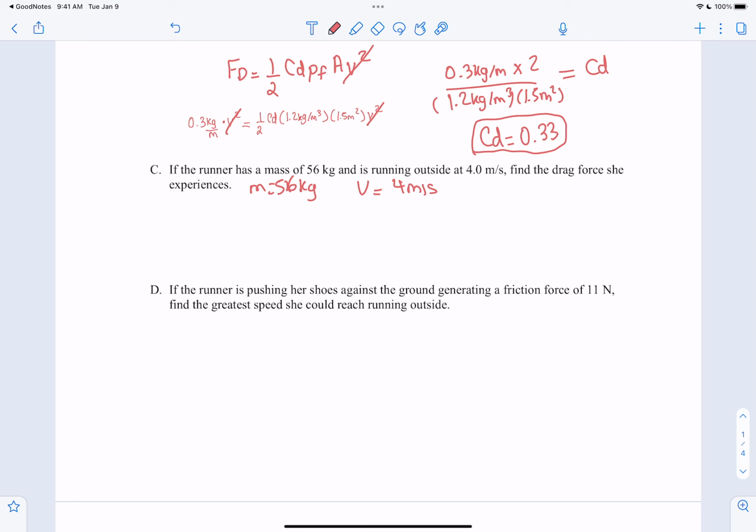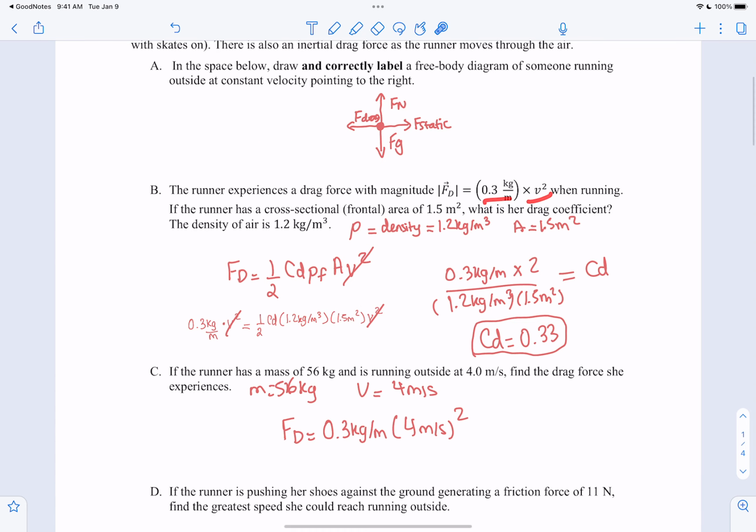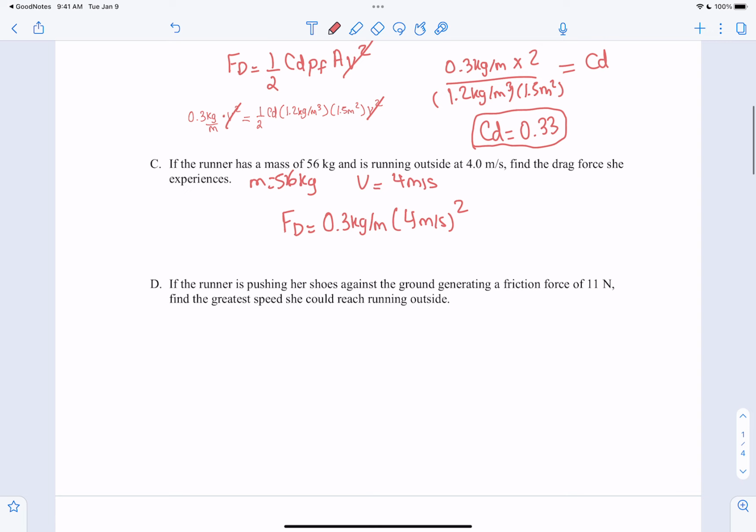So we just need to figure out the drag force, right? We know that F drag is that 0.3 kilograms per meter, and then we know our velocity is 4 meters per second, and that's squared, right? Because it was 0.3 times v squared. And so you just multiply those together, and I believe we should get 4.8 newtons there for our drag force.